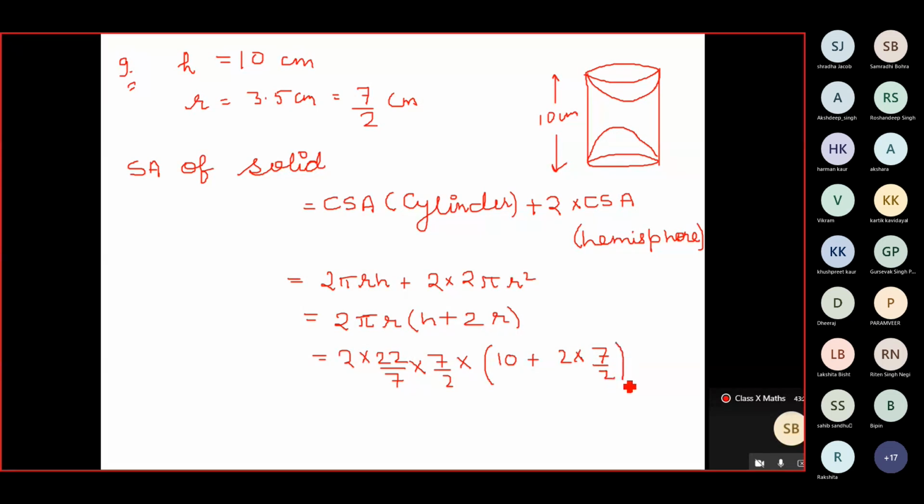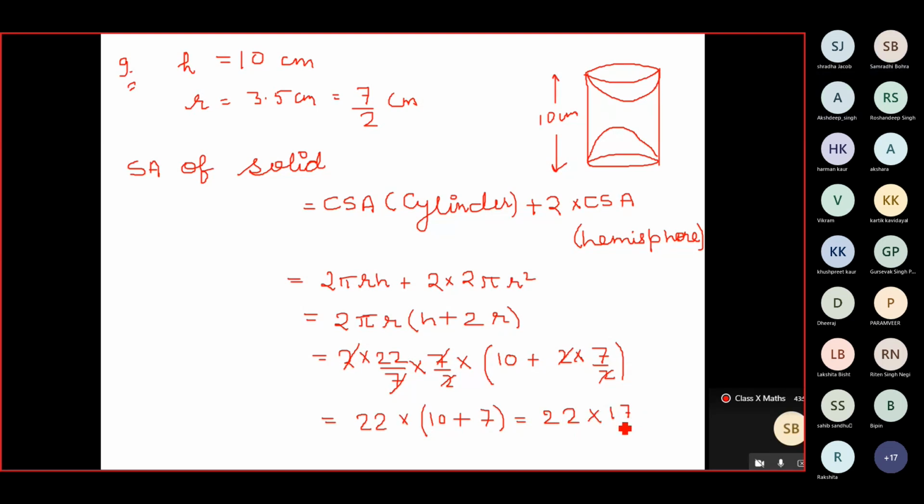Now let us cut them. 7 ones are 7 and 2 ones are 2. Understanding it? Yes or no? Now this 2 and 2 will get cancelled out. So what will it be remaining with? It will be remaining with 22 into 10 plus 7. 10 plus 7 how much? 17.